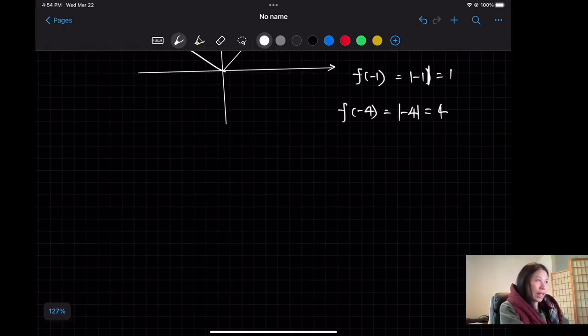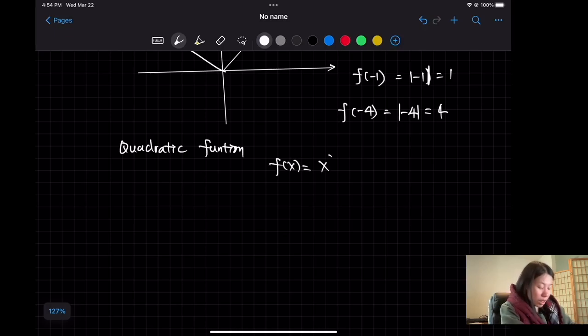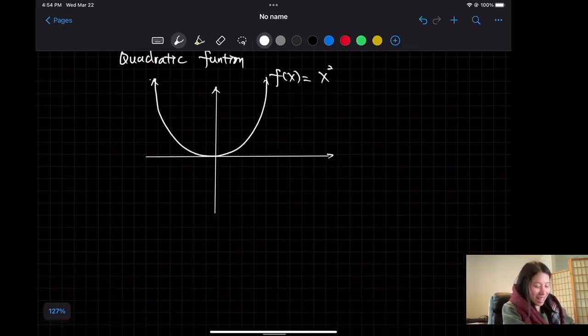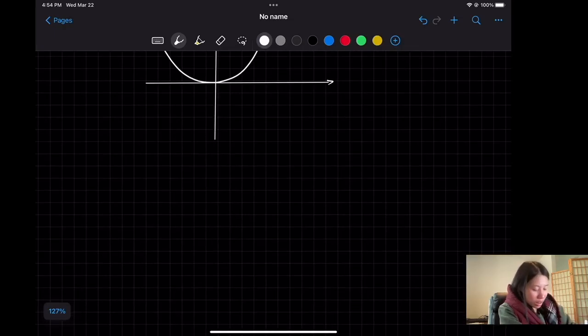Another one is a quadratic function. The basic quadratic function is f(x) equals x squared. The function looks like a parabola. Another one is a cubic function.